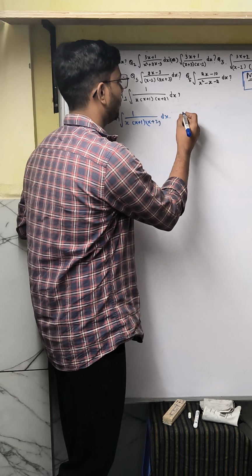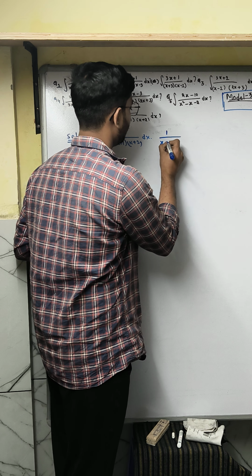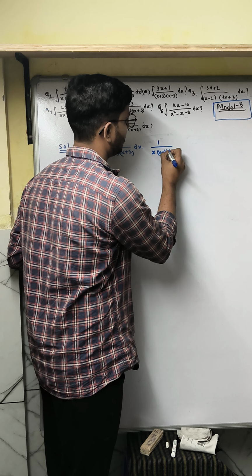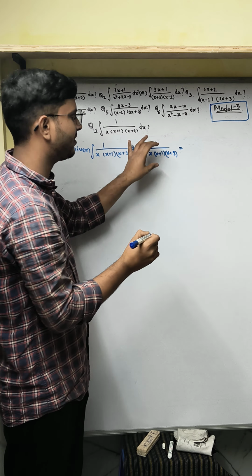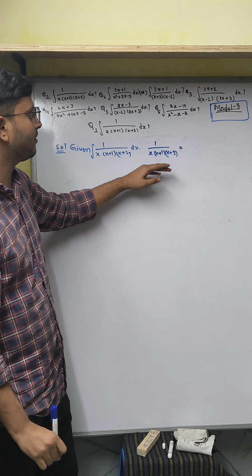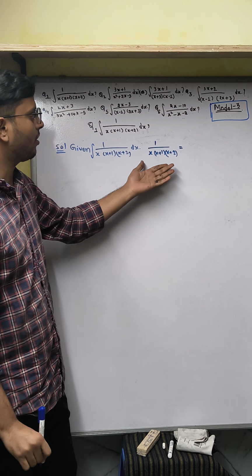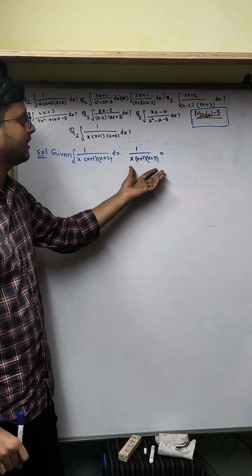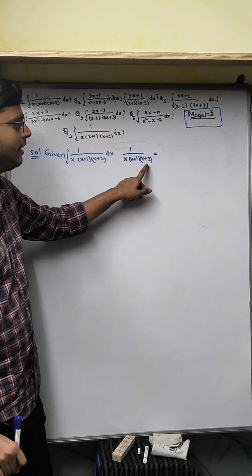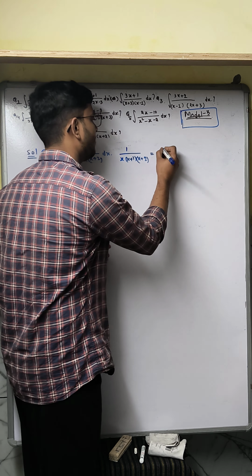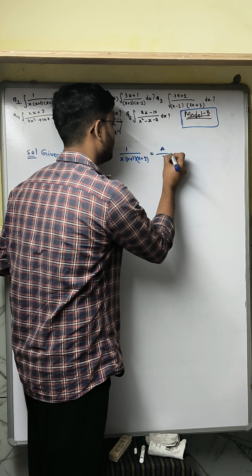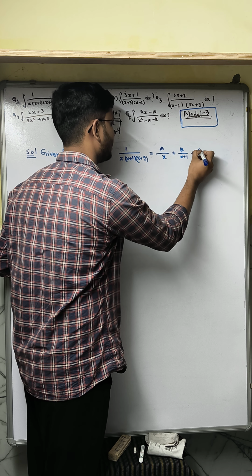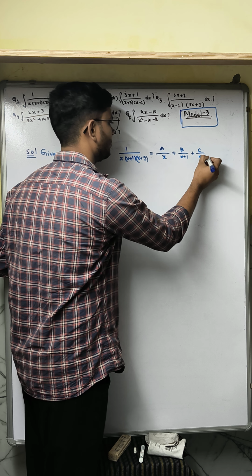1 by x into x plus 1 into x plus 2 is equal to, this is a rational fraction. How to convert it to partial fractions? The denominator has three factors, so this is A, this is B, this is C: A by x plus B by x plus 1 plus C by x plus 2.